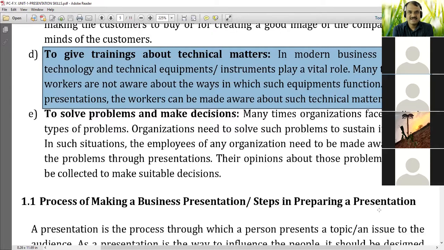And if such kind of employees are there in any organization, they cannot be a good asset for that organization. Right or not? Then what kind of people does an organization need? Organizations expect those people who are able to change themselves with time, who are able to update themselves with time. Then, to get this updating or to acquire new skills, training is necessary. Only through presentation training or hands-on experience can we make them aware about using those appliances, those softwares, or whatever is there.